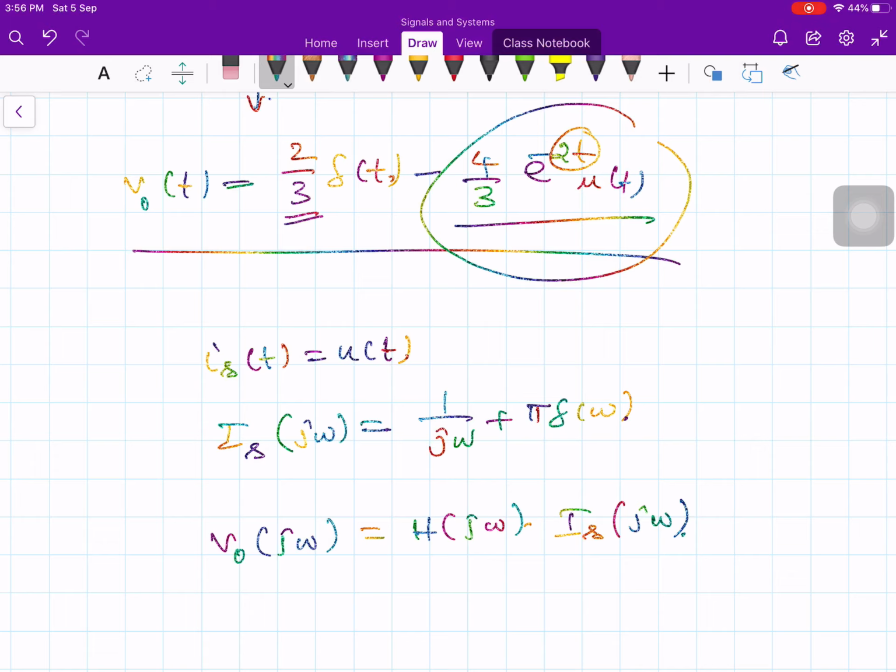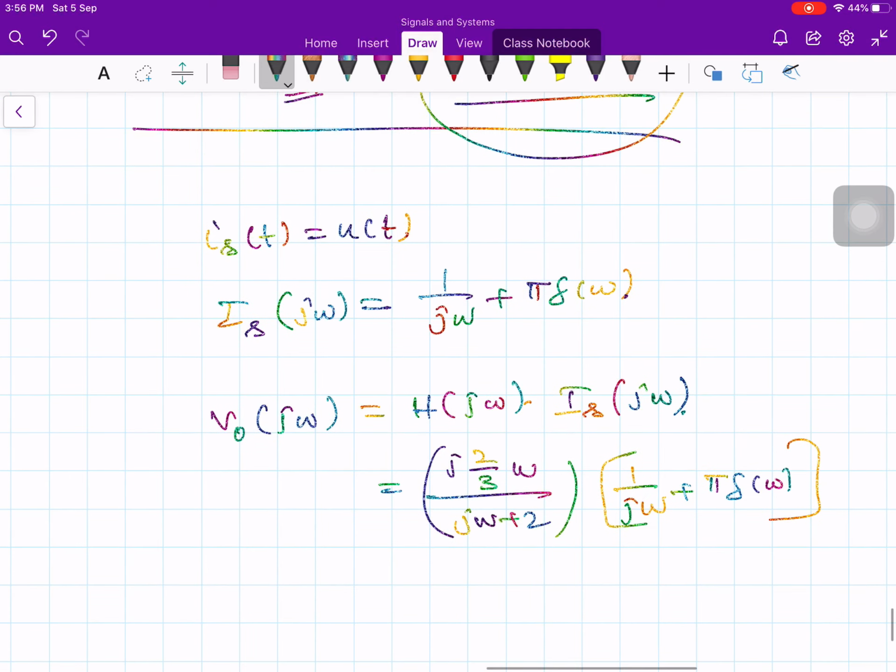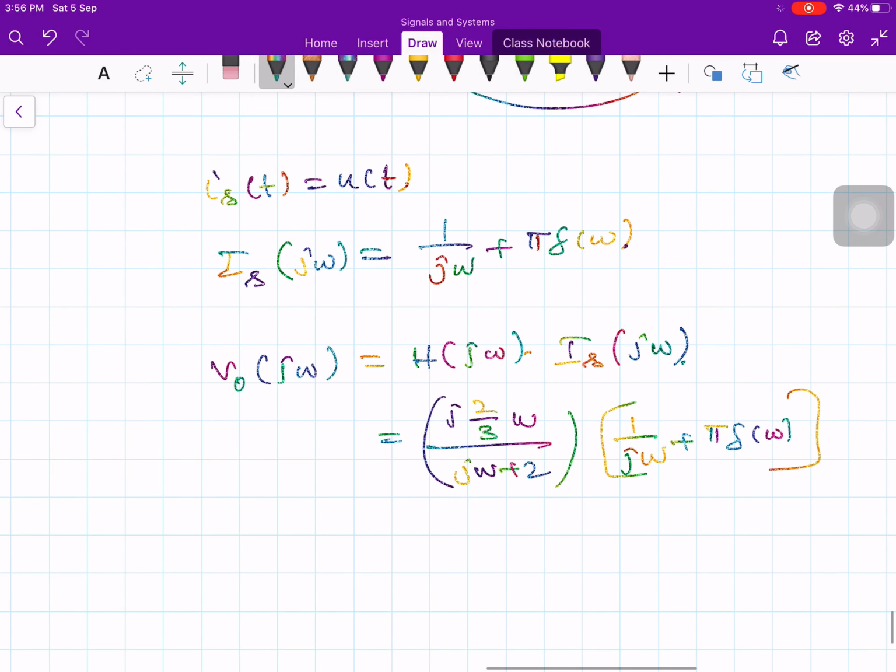Okay, so H of j omega we know, that is j times 2 by 3 omega divided by j omega plus 2, multiplied by 1 by j omega plus pi times del of omega. These two are multiplied.